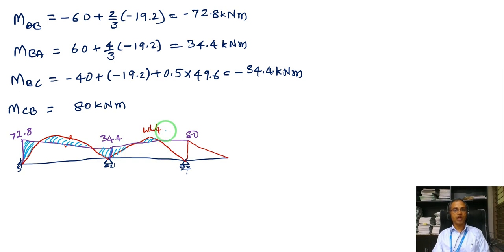Depending upon the value of WL square by 8, it may go up or down. So this is the BMD for the continuous beam. Okay, thank you.